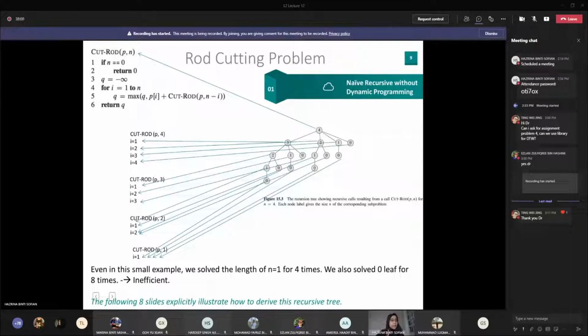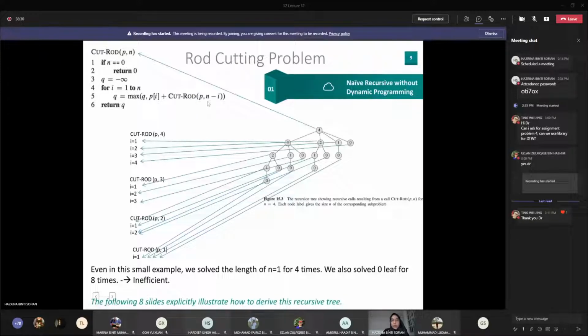Let's say this is cut rod, and our example is 4, our n is 4. So at first cut rod n equivalent to 4, the I can go from I1, I2, I3, I4, because this iteration will loop until n.